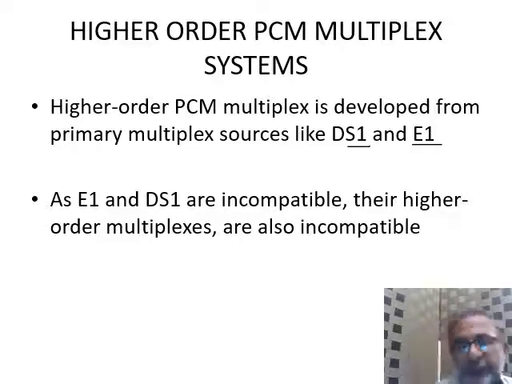The first one is for framing, and the 16th one is for signaling. As E1 and DS1 are incompatible, their higher order multiplexers are also incompatible.